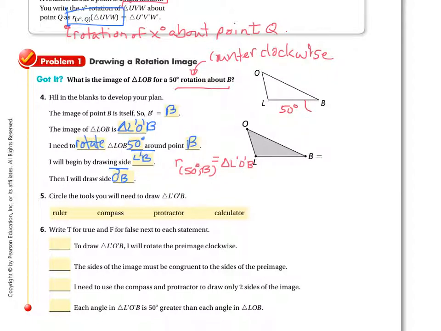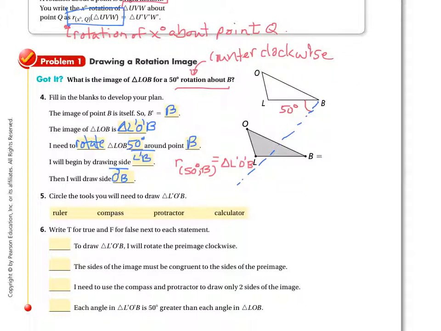So take your protractor and measure a 50-degree angle. And then we're going to use our compass for congruent sides. Your 50-degree angle is going to go somewhere along this entire line here. You can make the line bigger, and we'll find the congruent sides in a minute.